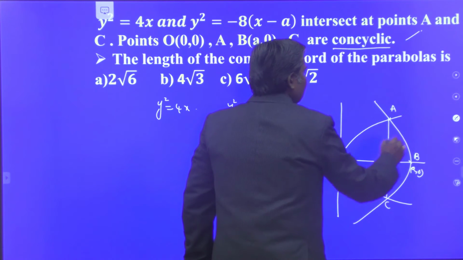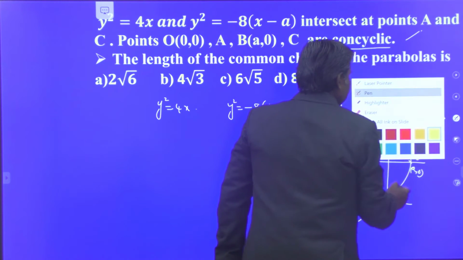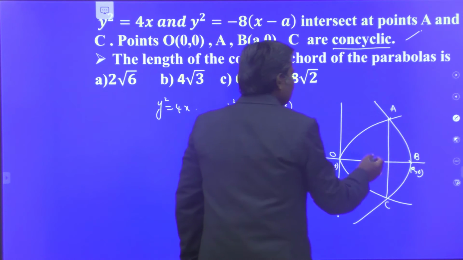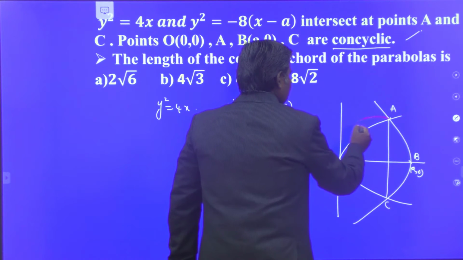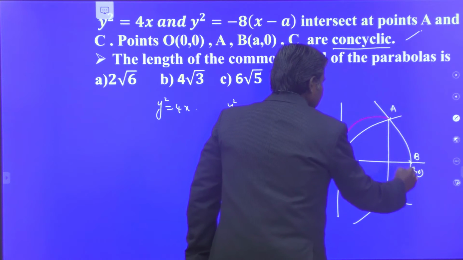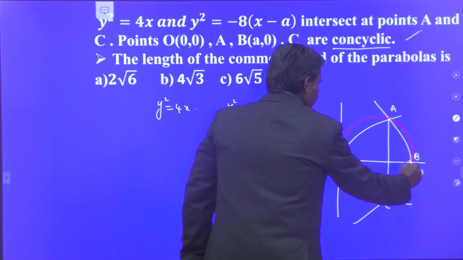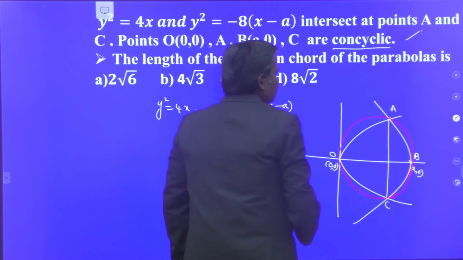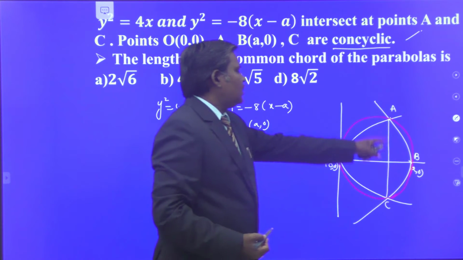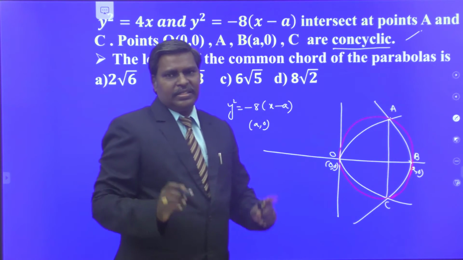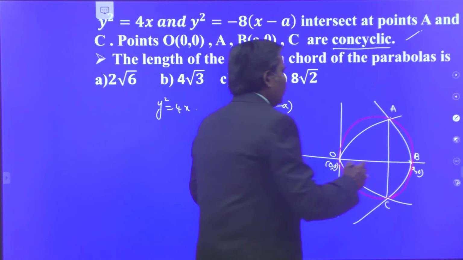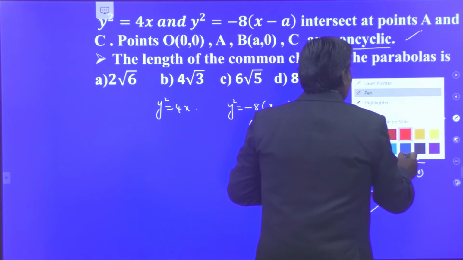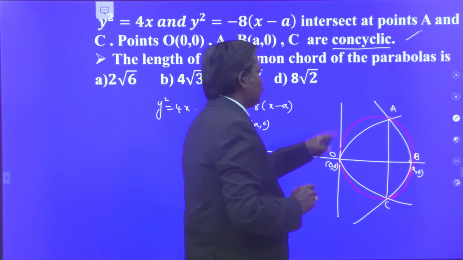These 4 points are concyclic, which means one circle passes through these 4 points. This is the circle passing through the 4 points. This is the information.